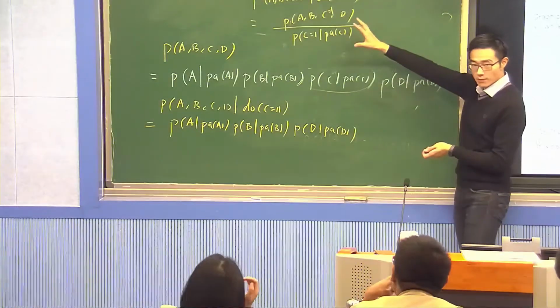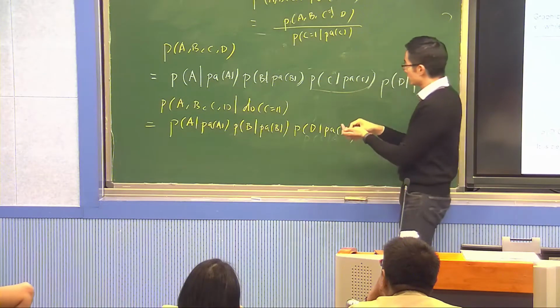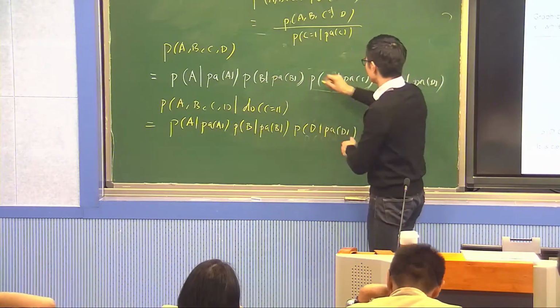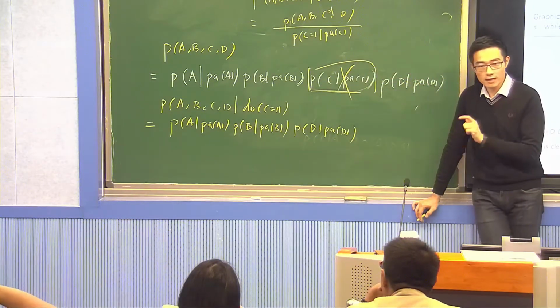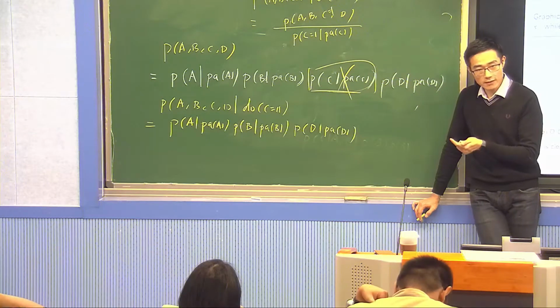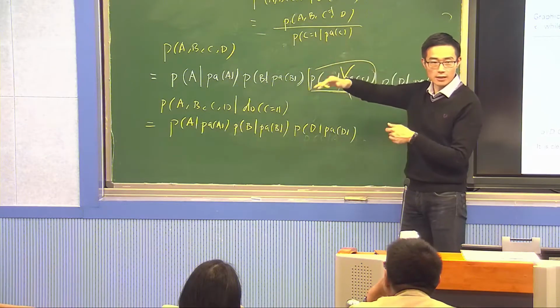So basically, I'm deleting this part, okay? I take the original distribution and delete this part. Whatever is left is my new distribution after I do this intervention.